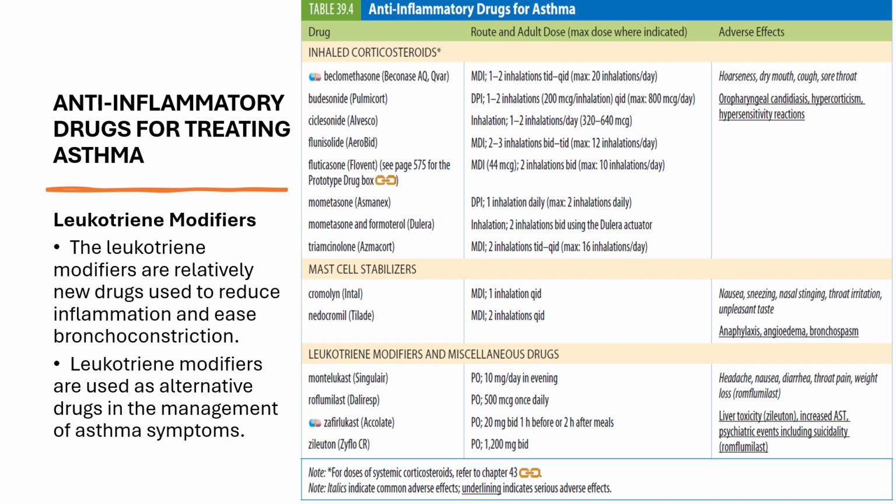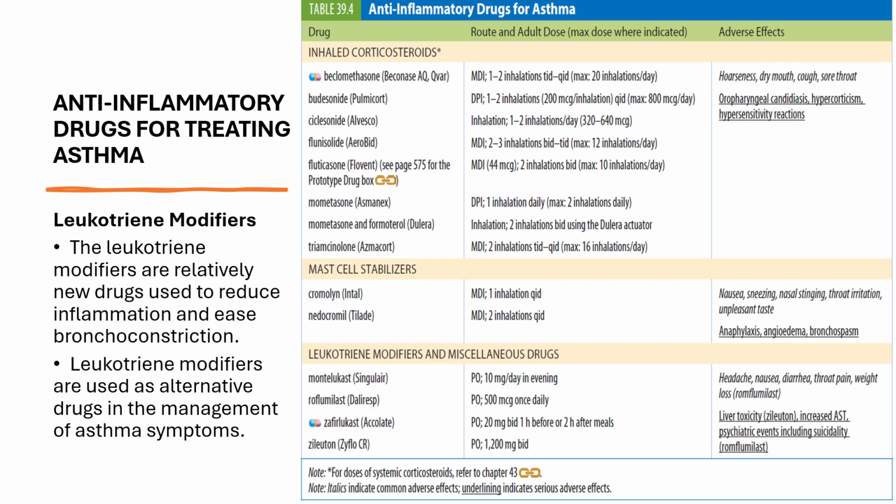The leukotriene modifiers are oral medications approved for the prophylaxis of chronic asthma. Zileuton has a more rapid onset of action than the other two leukotriene modifiers, which take as long as 1 week to produce optimum therapeutic benefit.